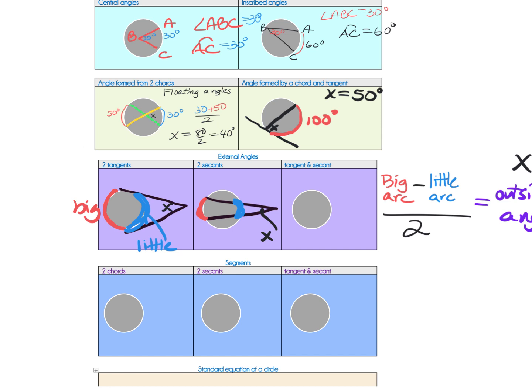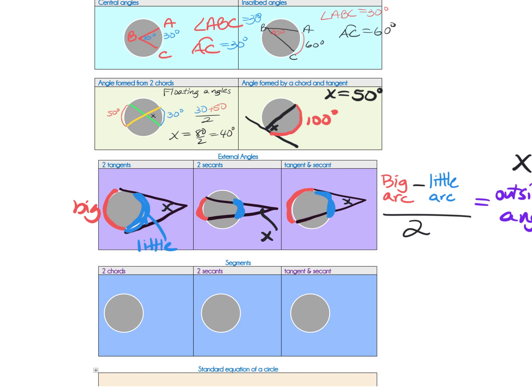So red is big, blue is little. Same thing when it's a tangent and a secant. We're still doing big arc minus little arc will give me this outside angle of x. So red is big, blue is little. So subtract, divide by 2, or subtract and multiply by 1/2.